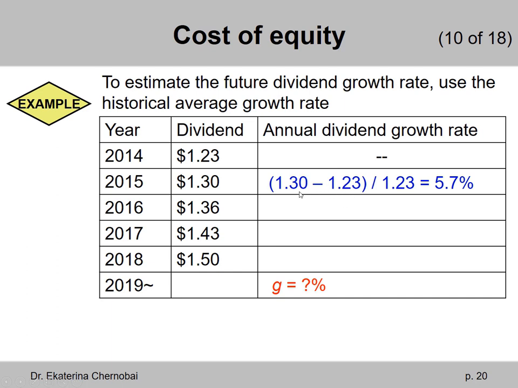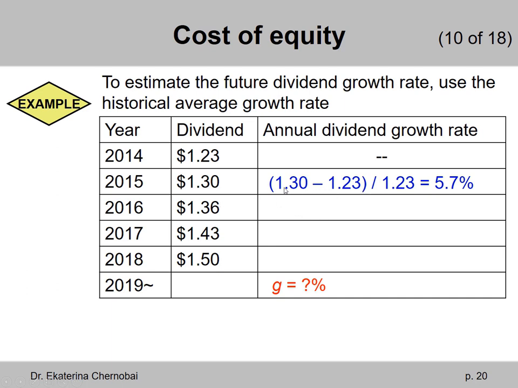And then to get the percentage change, you divide by the old number. So new minus old, and then you divide by old. So $1.30 minus $1.23, that's a 7-cent increase. And then you divide by $1.23, which is your reference point, the starting point relative to which you estimate the change. And that's a 5.7% increase in the dividend amount.